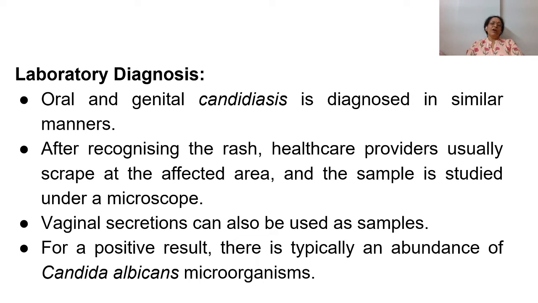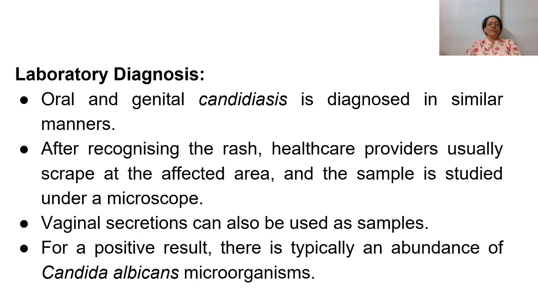So, depending upon infection of a part, we have to collect a sample. If it is a disease of the gastrointestinal tract, a stool sample. If it is of the genitourinary tract, discharge from genitalia, that white colored cheesy discharge, can be collected, or a urine sample.